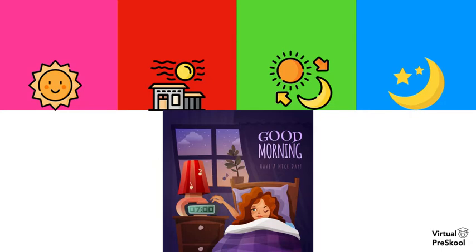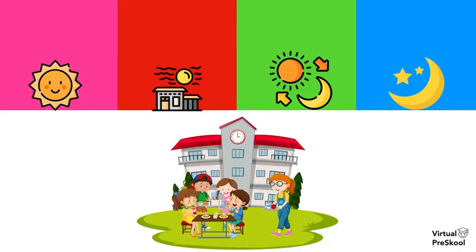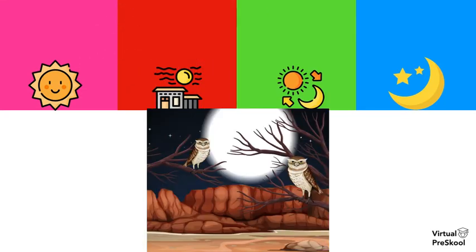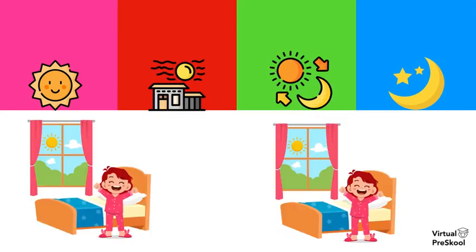So this one would be subah mein. And this one, dophir mein. And this one, the owls are nocturnal, which means they're up all night. So this is night, raat ko.